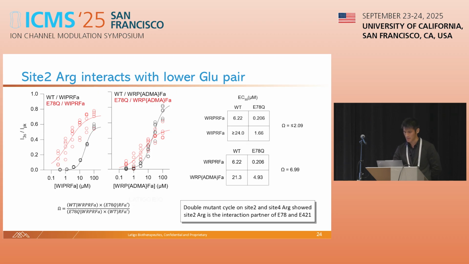On the other hand, the lower pair, E78Q, showed a really dramatic increase with WRPRF treatment. So WRPRF is still effective, but the small current baseline suggests that there is an acidic shift in their activation. And when we look at E421Q, we saw a dramatic effect, showing loss of effect of our peptide in this mutant.